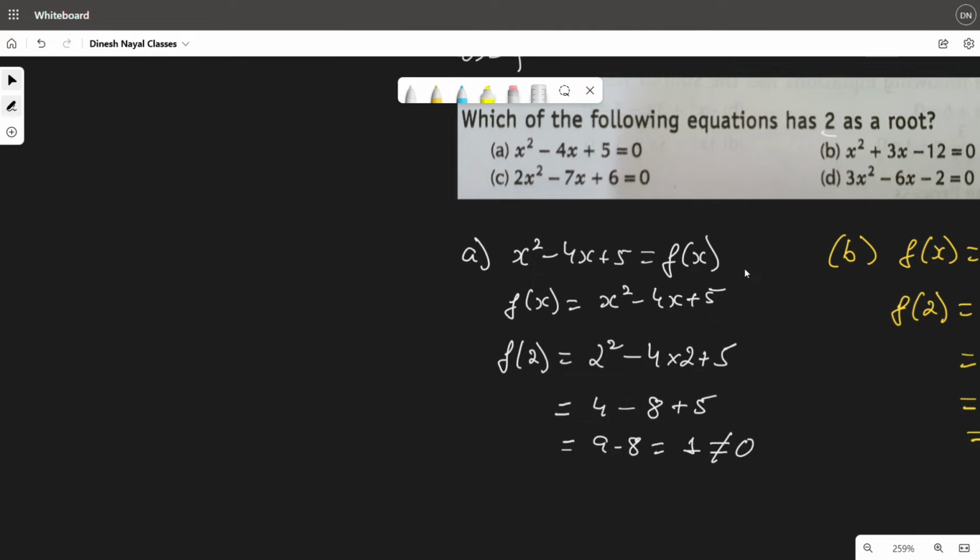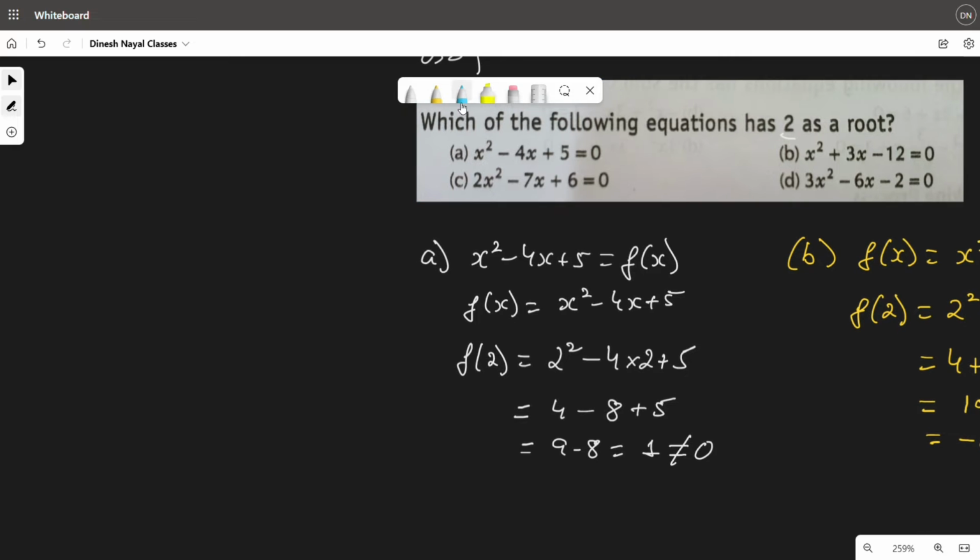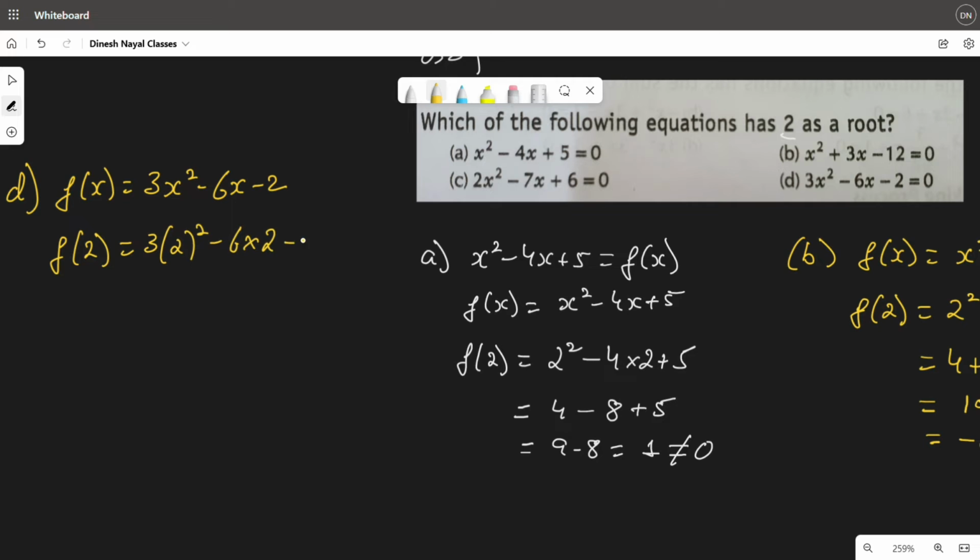Now we will check for D also and see whether D has 2 as a root or not. D is 3x square minus 6x minus 2. Substituting, f of 2 should be 3 into 2 square minus 6 into 2 minus 2.